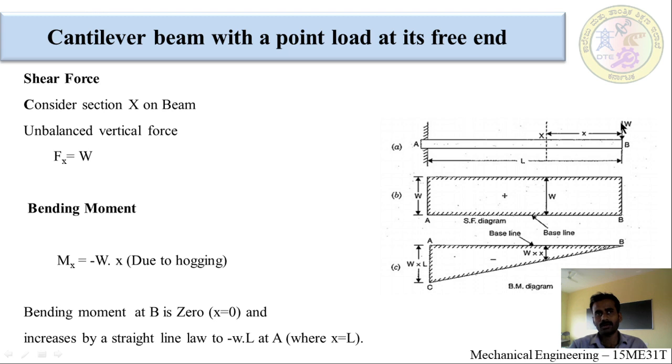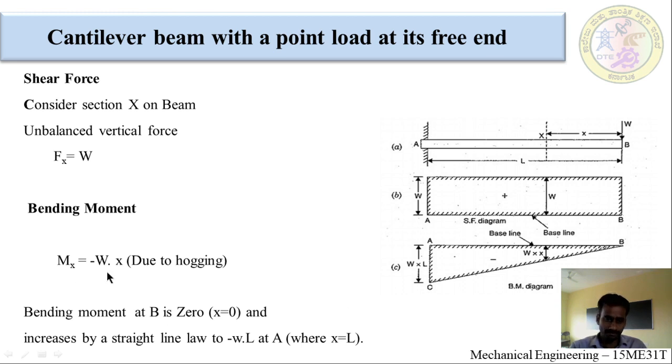As we know, if the force is downward, you have to consider it negative. It is a hogging bending moment, hence the sign will be negative, that is, minus W into the distance gives the bending moment.